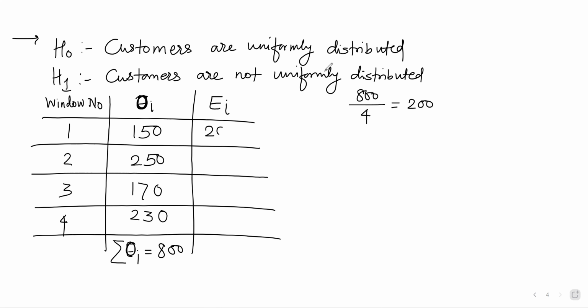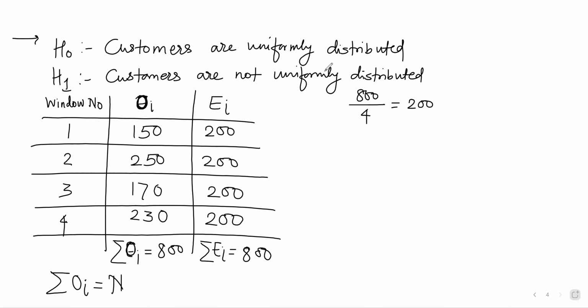So here the observed is this and the expected is uniform distribution. You can see that the summation of EI is also 800. So the summation of OI is equal to capital N, which is equal to the summation of EI. Now we'll calculate.